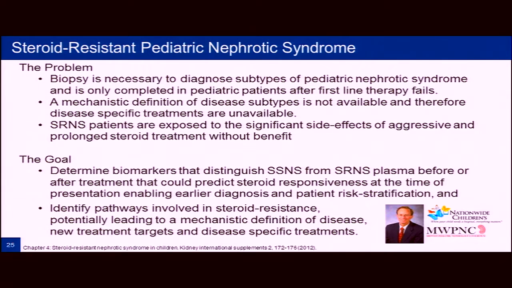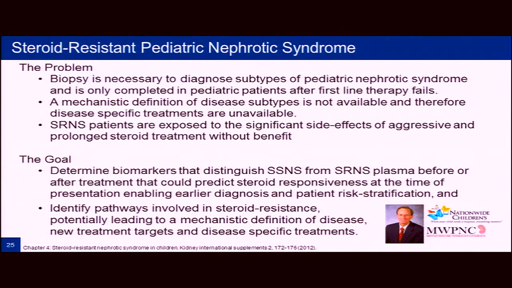The first project I'm going to tell you about is a collaboration with Dr. Smoyer at Nationwide Children's Hospital, and we've been looking at steroid-resistant pediatric nephrotic syndrome with a goal of determining biomarkers that can distinguish nephrotic syndrome that is sensitive to corticosteroid treatment from those that are resistant, to hopefully allow us to diagnose that earlier and stratify patient risk, particularly to try and avoid some of the side effects of corticosteroid treatment.